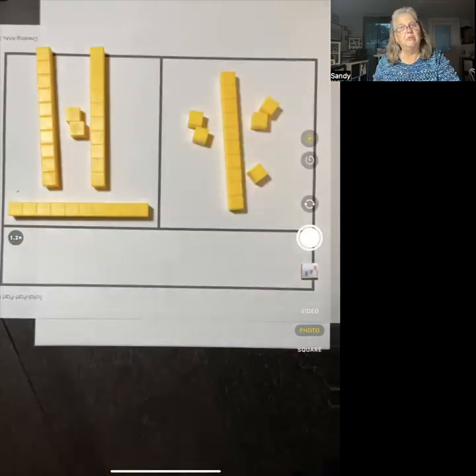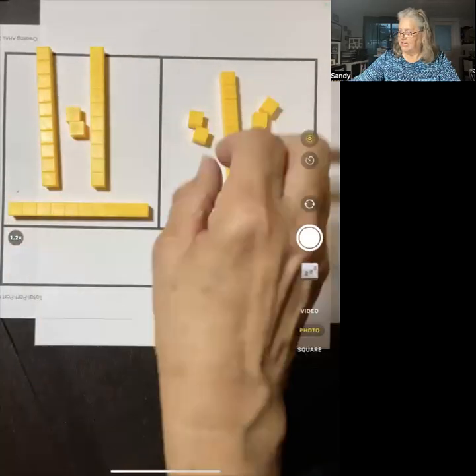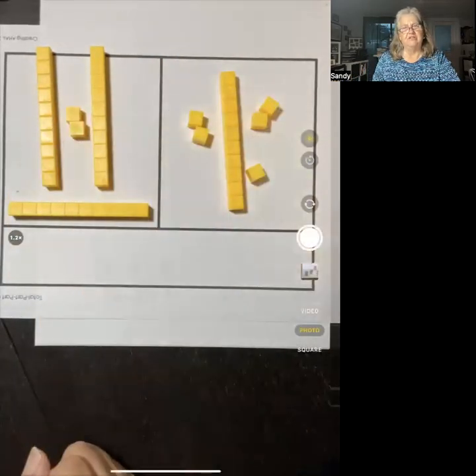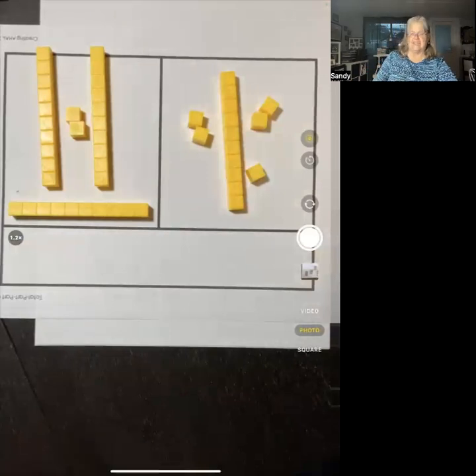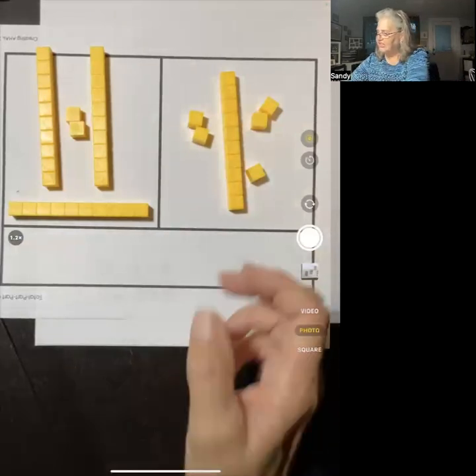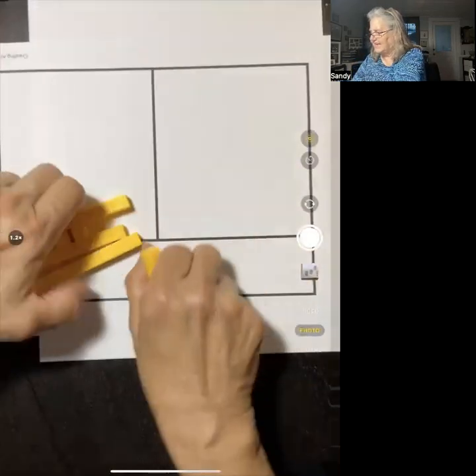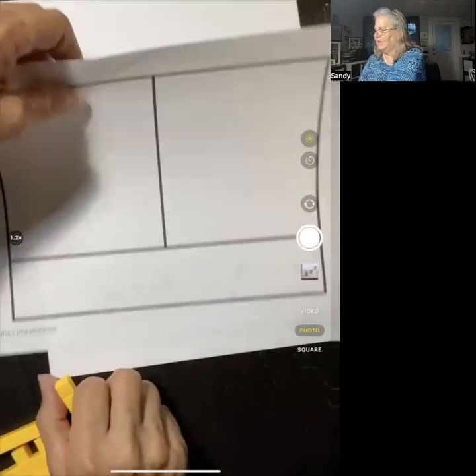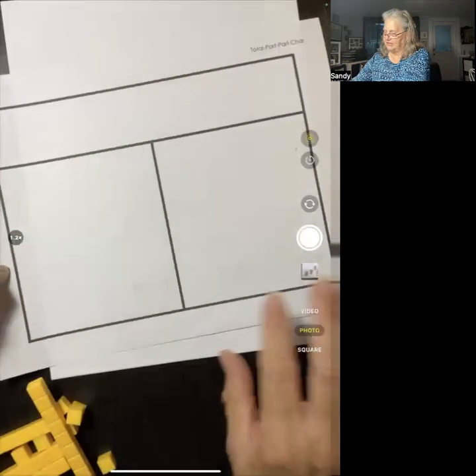And what's really important for your child to understand is that when we combine these two, when we add these two, 10s go with 10s and 1s go with 1s. So you have that idea. And then as I started to show you, let's say I'm going to go back to this one.